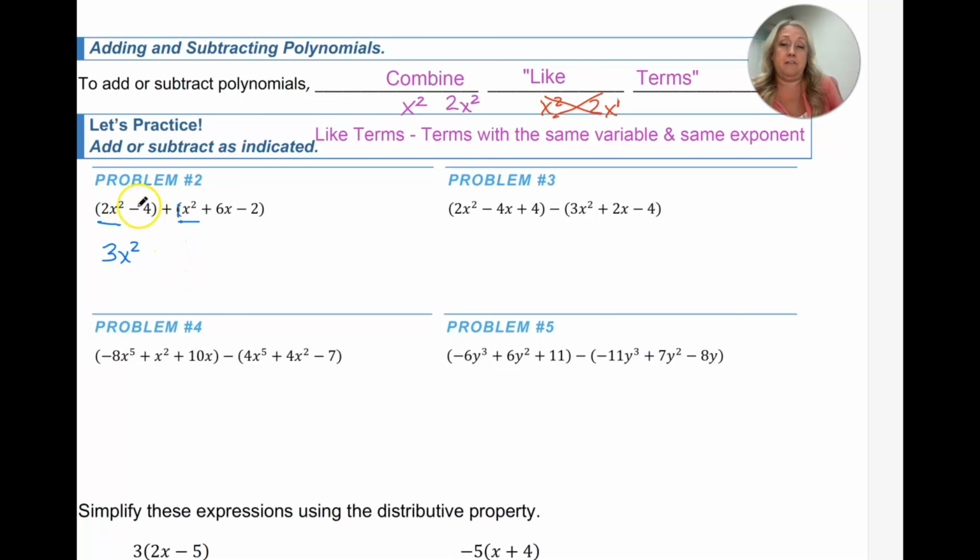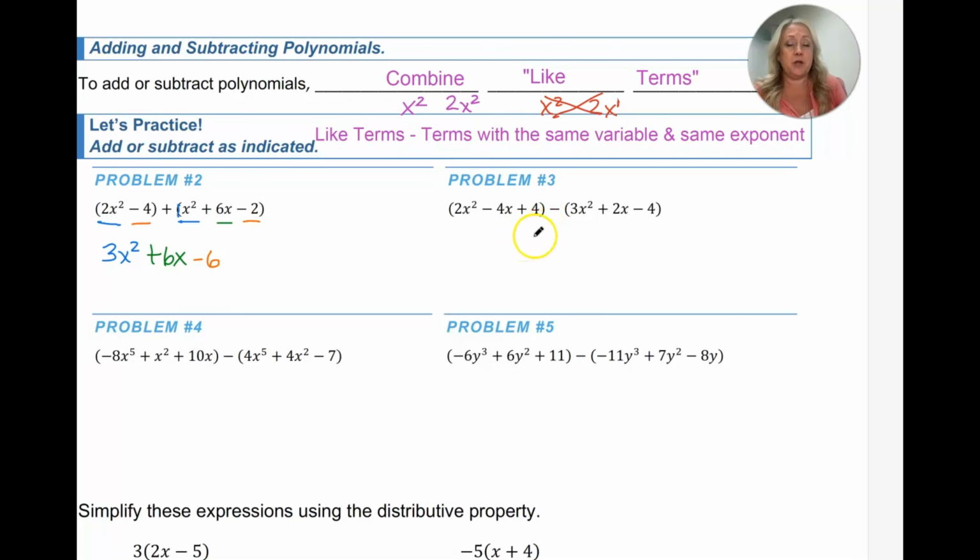Well, this one doesn't have an x term, but the second one does here, right? We've got a 6x. So there's nothing to add with it, but it still needs to be part of our answer. And then lastly, we can look at negative 4 plus a negative 2 will give us a negative 6. And so now I have all my like terms together, so that is the answer.